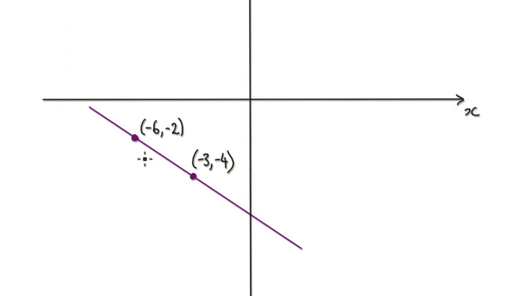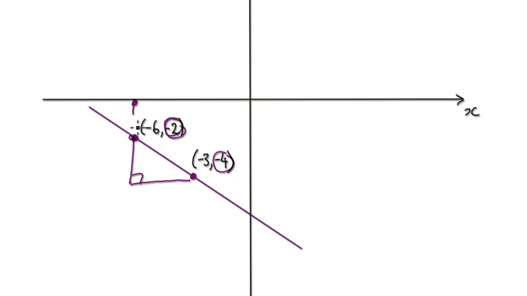Okay, so to work out the gradient, you always need to know the height divided by the base. If you want to obtain the height, you should be looking at the y and the y here. Looking at this point here, you move -6 and then -2 down.